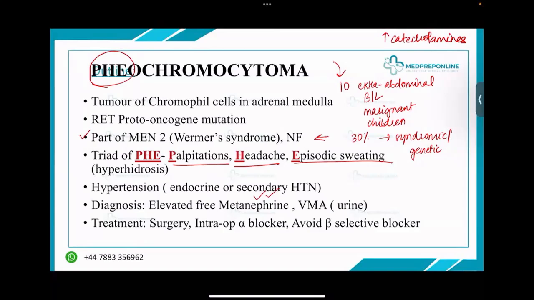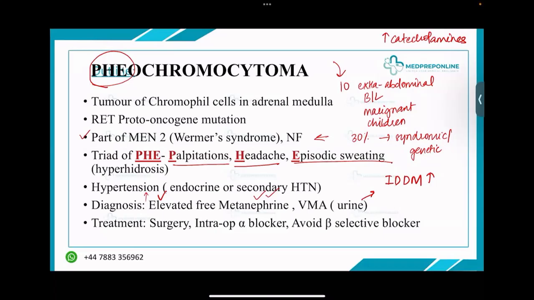So you have metanephrine, which has an elevated free level in blood, and VMA, which is vanillyl mandelic acid, again a byproduct of the catecholamine pathway. But this is not very reliable in urine because it can also be increased in insulin-dependent diabetes mellitus. So whenever you have a question for pheochromocytoma and you want to diagnose it, please pick this option: elevated levels of free metanephrine or norepinephrine in blood.